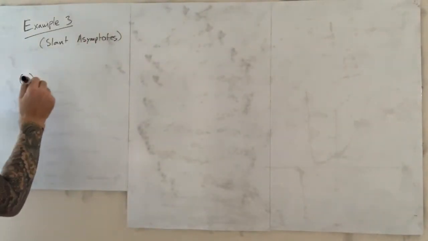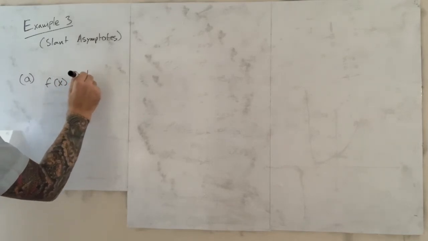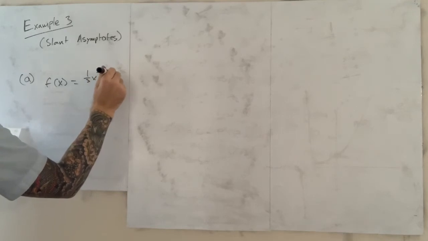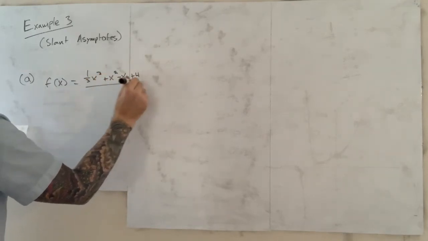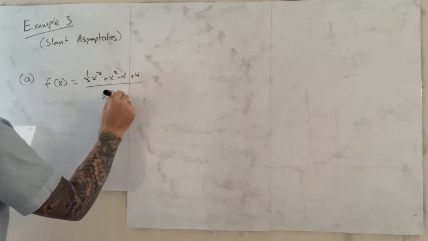So here's the idea. Say I have a function f of x equals (1/3 x cubed plus x squared minus x plus 4) over (x squared minus 1).